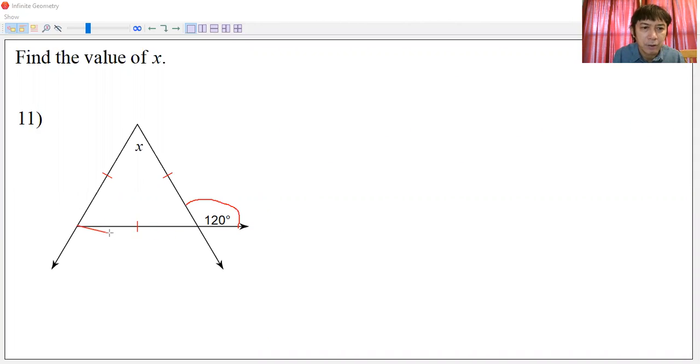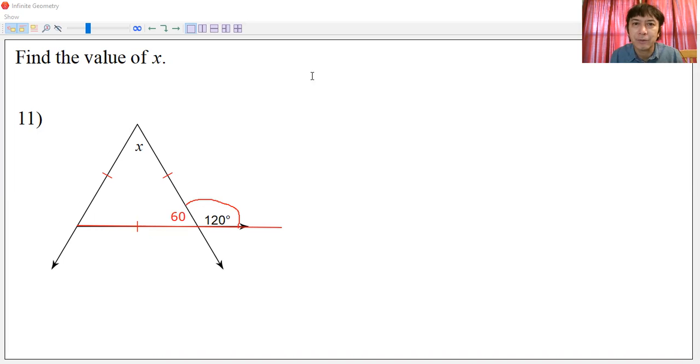There, it's a straight line. And so the other angle inside must be the supplement of 120. What is the supplement of 120? It should be 60, meaning the sum of the two angles forms a line. So the angle inside must be 60 there.